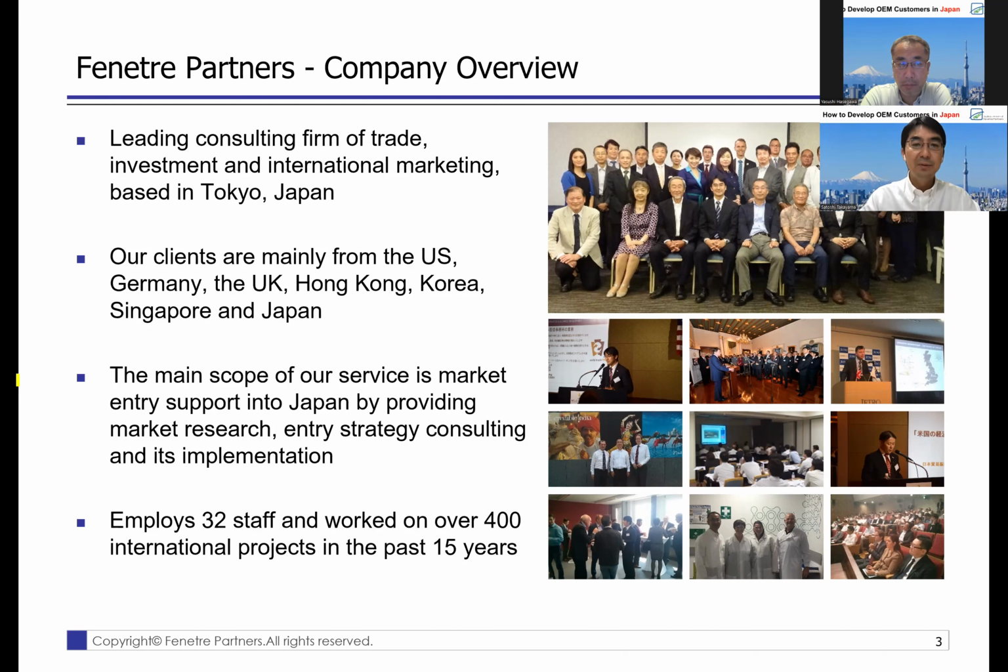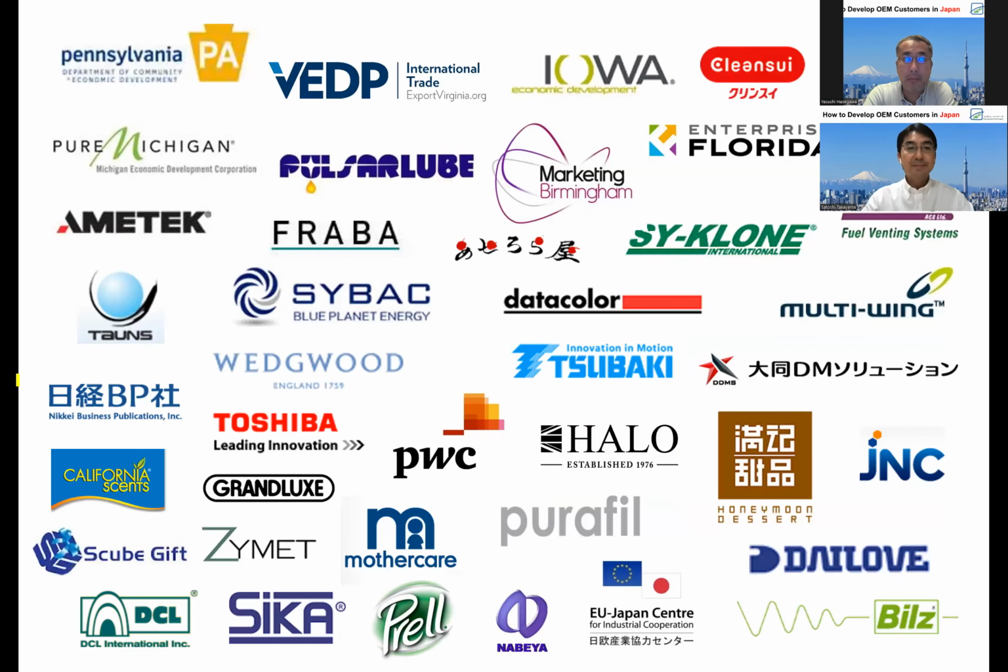What we mainly do is sales and marketing activities locally in Japan on behalf of our clients, so we work as if we are your local Japanese branch office. We currently have 32 staff, and we have worked on over 400 international projects since our company was established 15 years ago.